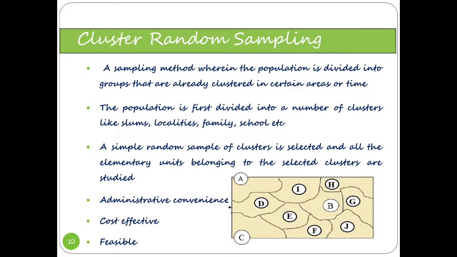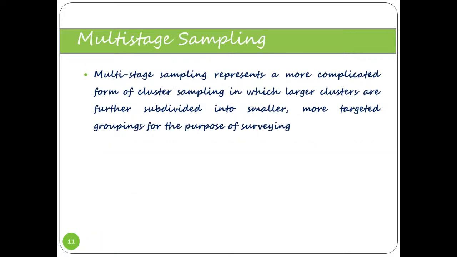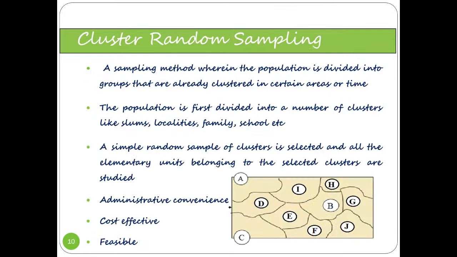It is feasible provided the randomly chosen states or lanes are ready to respond and cooperate with you, then it is fine. Or else again there will be selection bias, non-response bias, and a hundred things which will be an obstacle to you. So in cluster random sampling we will stop with the third category. We will not go beyond that.